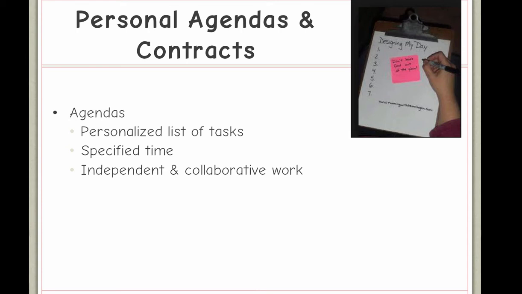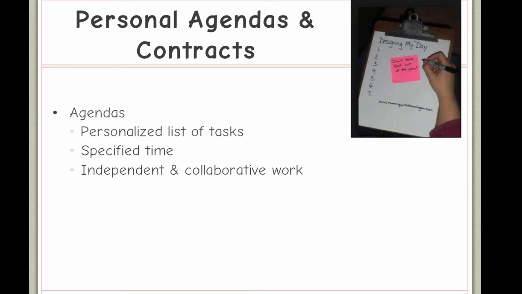You set it up for what that time is, and it can involve independent or collaborative work. Sometimes it has to be set, so that time interval, the list has to be ongoing and changing. So the agenda might be a 2 to 3 week period, and then you create a new agenda. Or else it doesn't work.